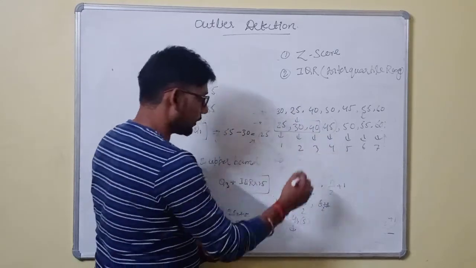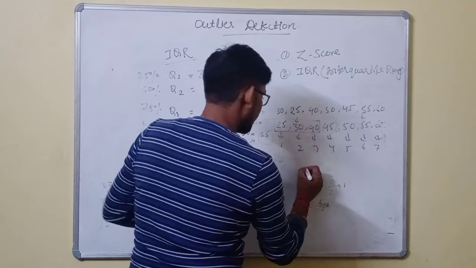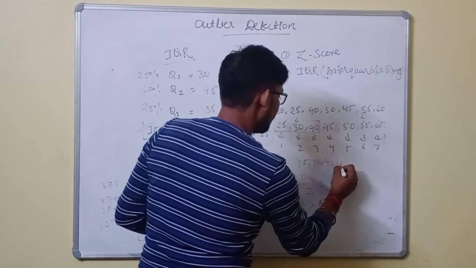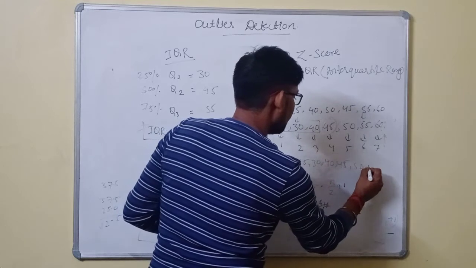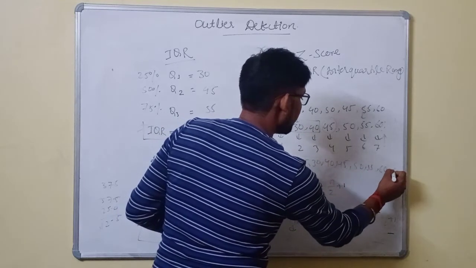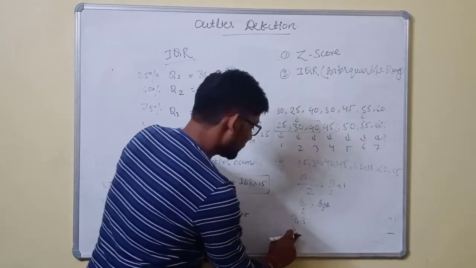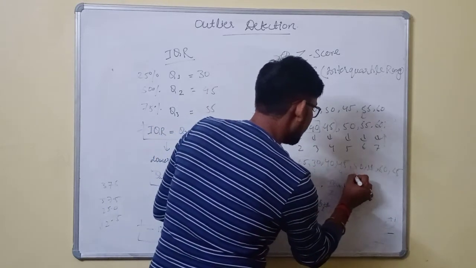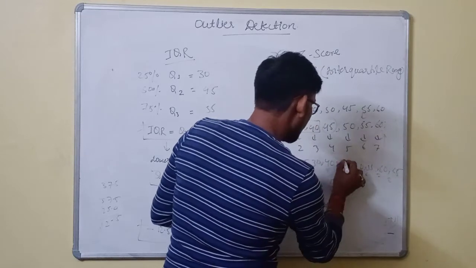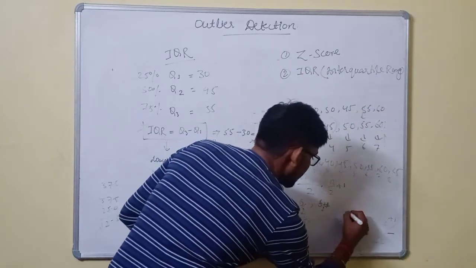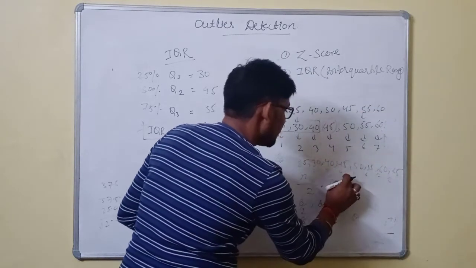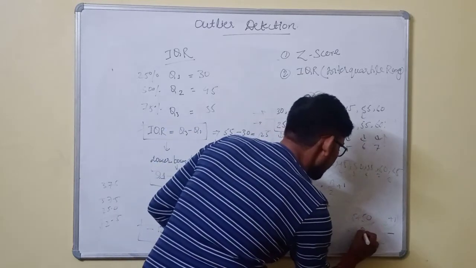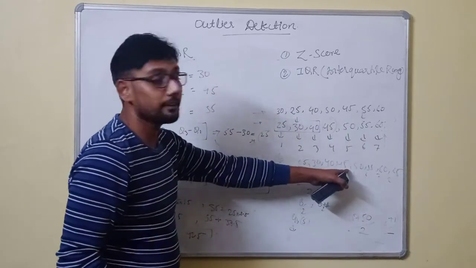For example, we have the same values 25, 30, 40, 45, 50, 55, 60 and one more value, 65. Now position 4, counting 1, 2, 3, 4, 5, 6, 7, 8, has 45, and position 5 has 50. The 45 plus 50 divided by 2 would be your median point.